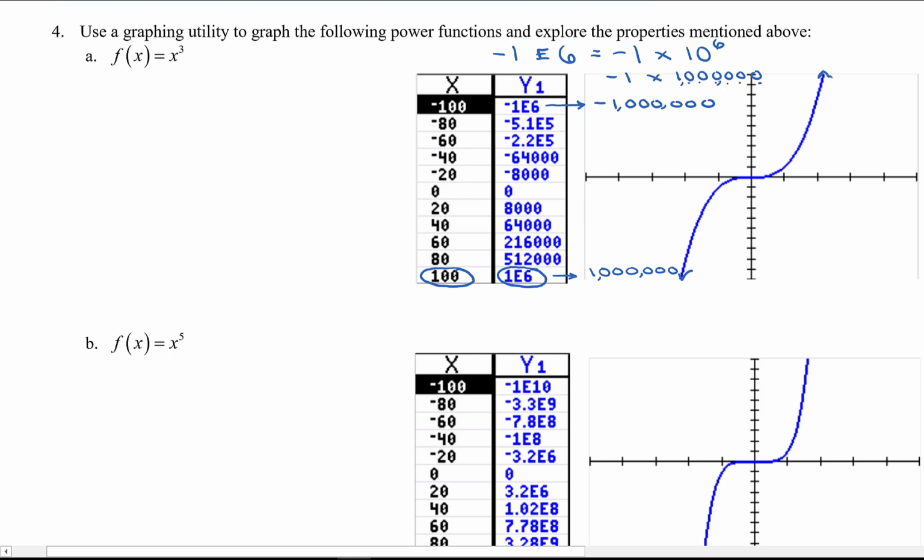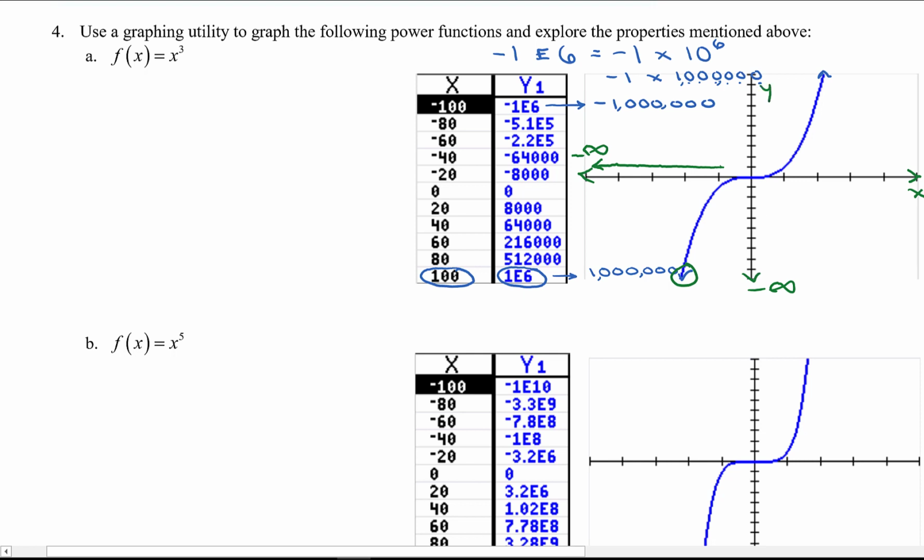So we can see that the same thing, or something similar, is happening here that was happening with some of our other functions. Let me go ahead and look at this graph. So this is our x-axis. As x approaches negative infinity, this is going down towards negative infinity for our y-axis.